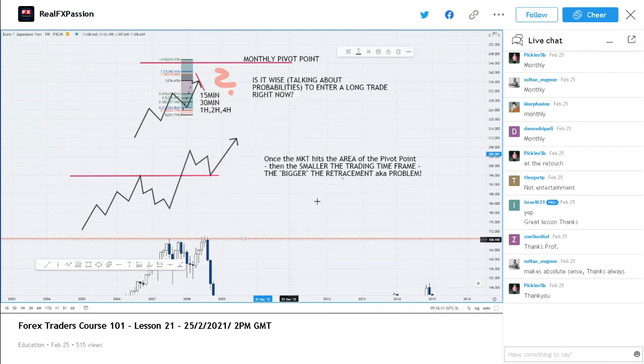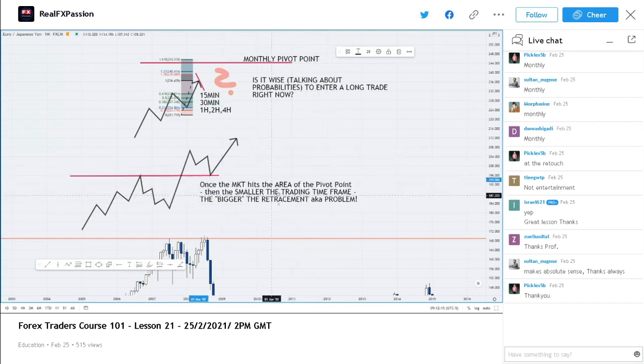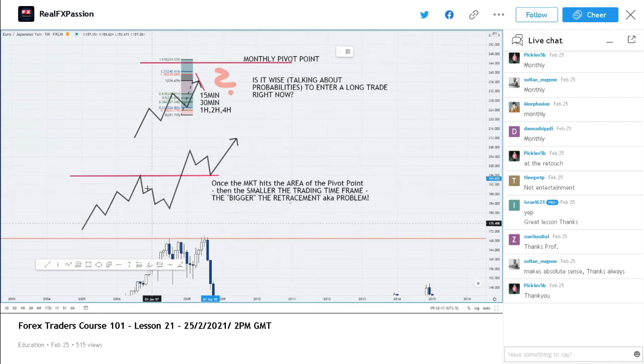Beginner traders, here is the concept: once the market hits the area, and yes, we're going to check the chart in just a few minutes, the smaller the time frame, the bigger the retracement and the bigger the problem. Hello, Long.